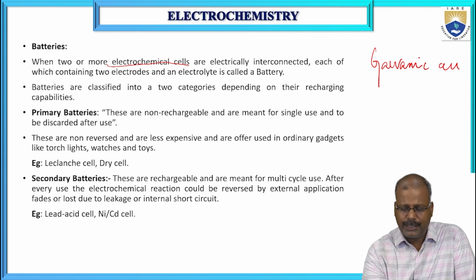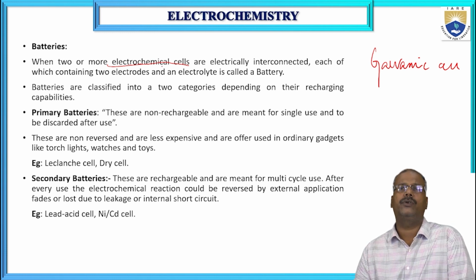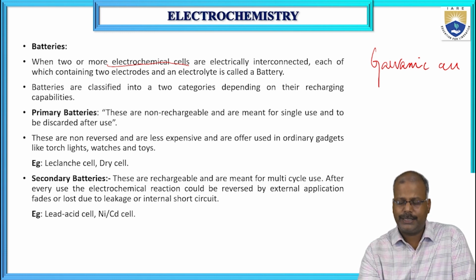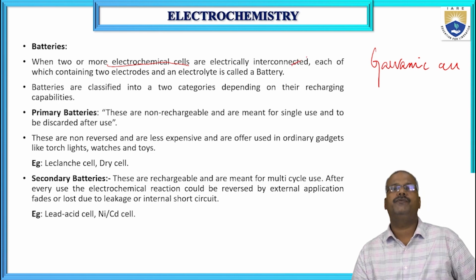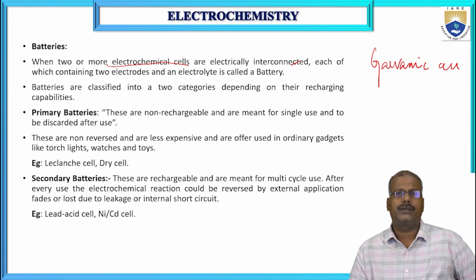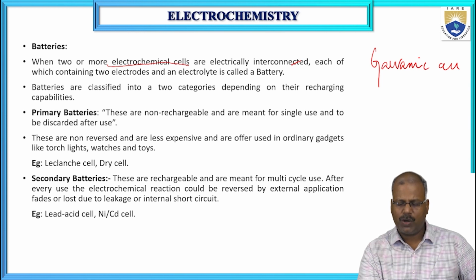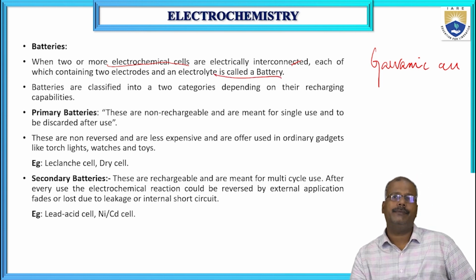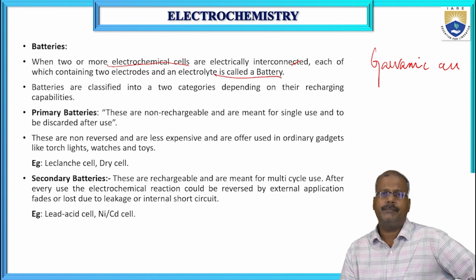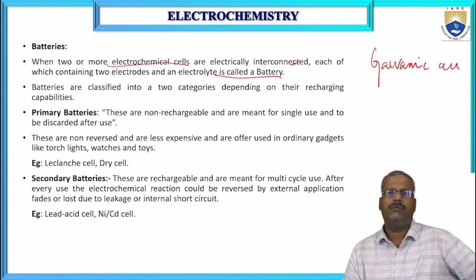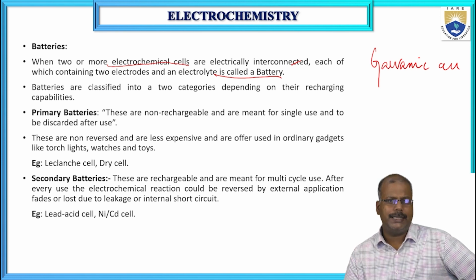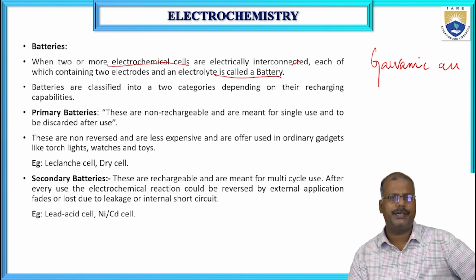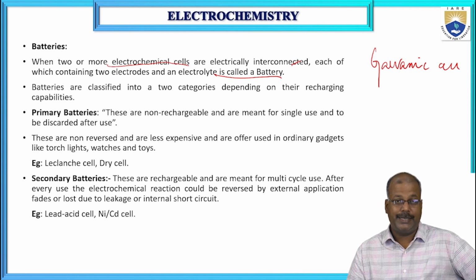Whereas when two or more electrochemical cells, each containing two electrodes and an electrolyte, are electrically interconnected, we call them batteries. A battery is a combination of two or more electrochemical cells which are electrically interconnected, each containing two electrodes and an electrolyte in common.